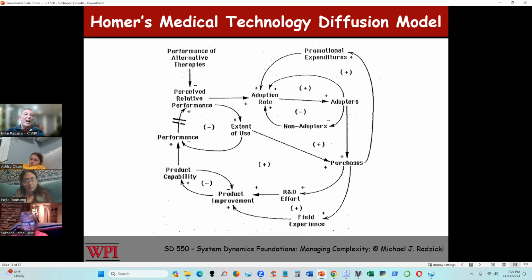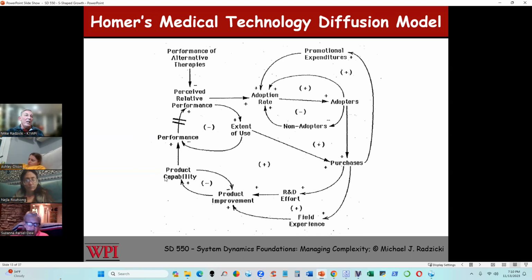When we put the slashes in here, and Stella does this for us, sometimes there's a box that says delay. It just depends on the author. There's a delay between cause and effect, the change in performance and the change in the perceived relative performance, but you've got a negative loop there.